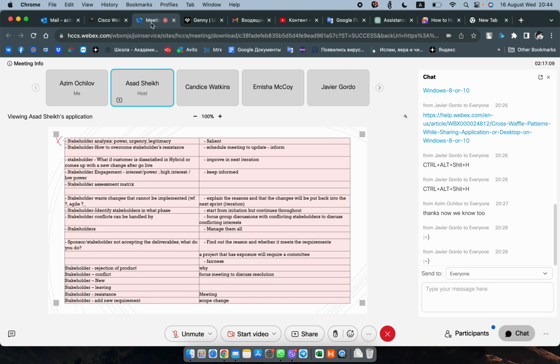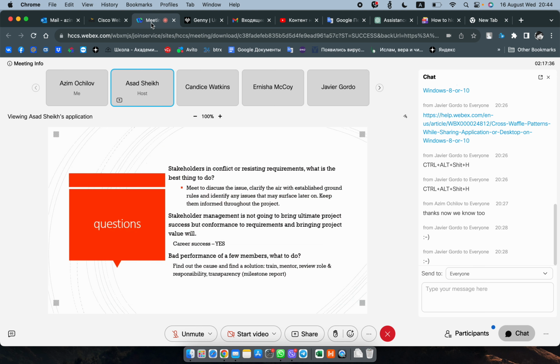We'll look at this one in another slide. I'm putting an asterisk here. There's keep informed and a couple of other options, but keep informed is the best one for somebody who has high interest but low power. Just keep them informed. Let's go back and look at them right now.